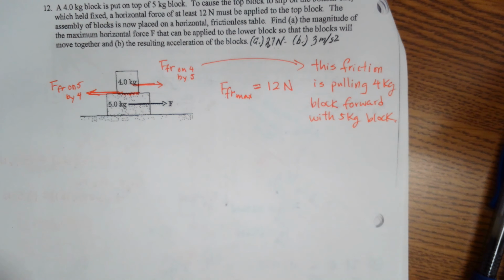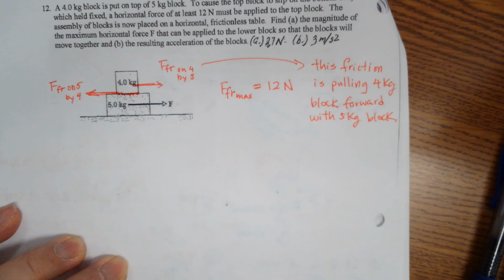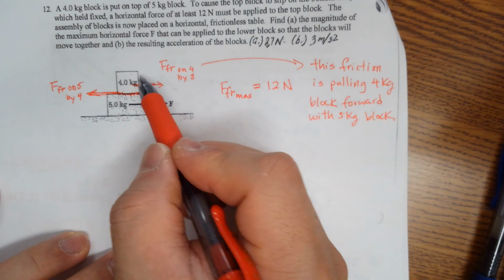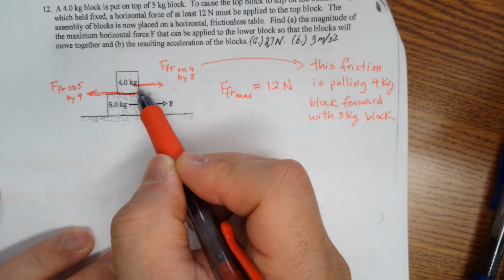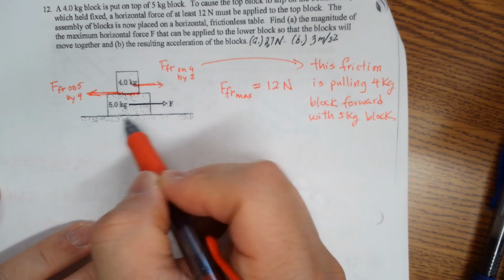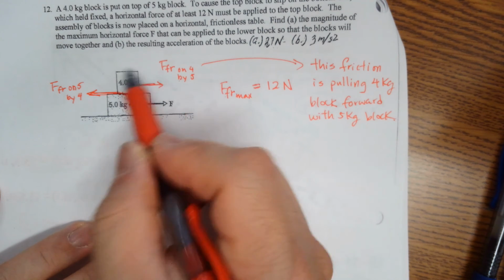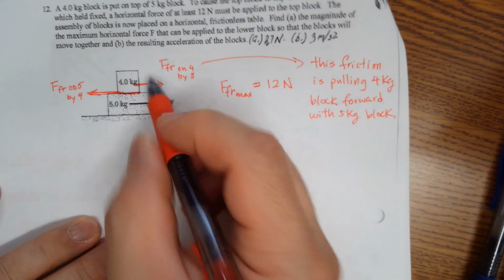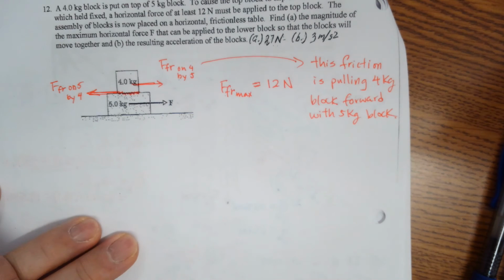So let's find out what the acceleration of the whole system is. Well, if we could find the acceleration of the top block, that acceleration is going to be exactly the same acceleration of the whole system, including the 5 kilogram block and 4 kilogram block together. So the acceleration of this should be acceleration of the whole system.